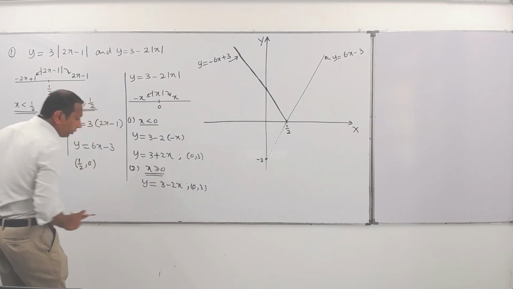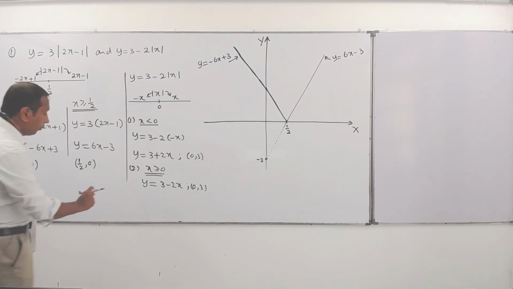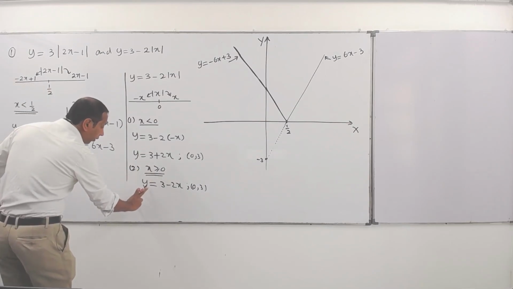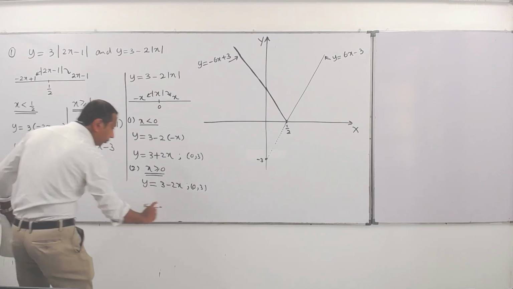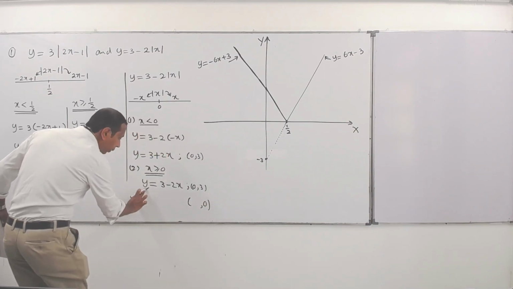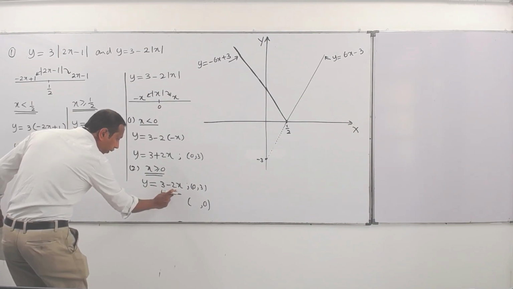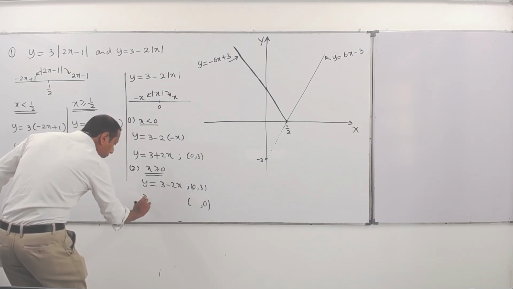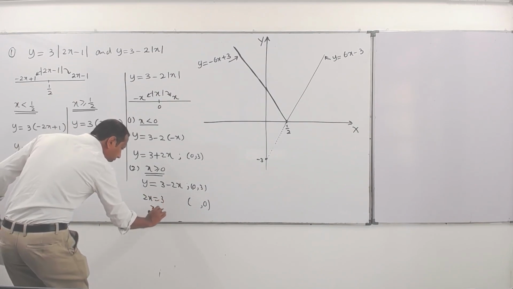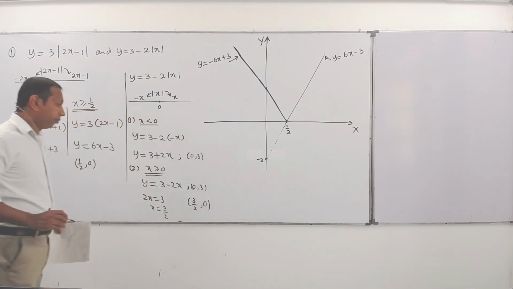To take that point, we put another value there. When x is greater than or equal to 0, put y 0. When the y coordinate is 0, bring 2x to this side: 2x equals 3, so x is 3 by 2. The other point is 3 by 2, 0.